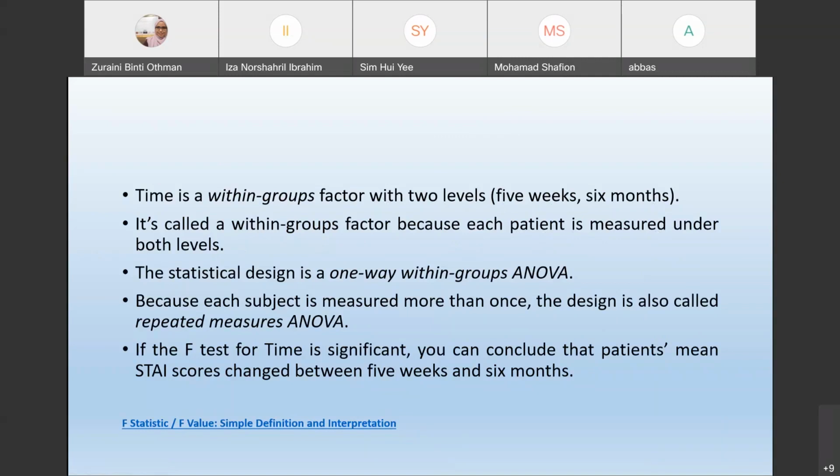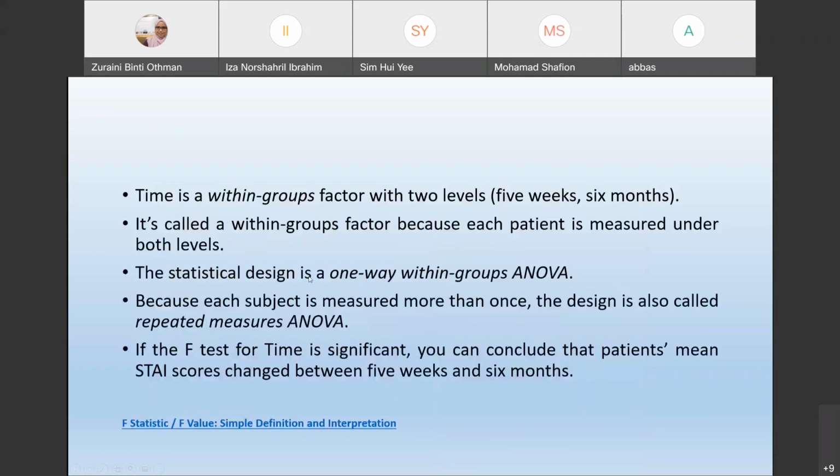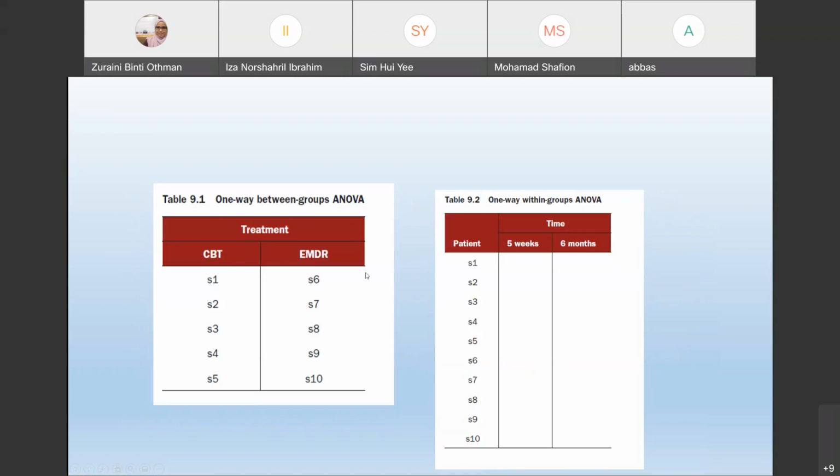So far the terms we have learned are between group, within group, balanced, and unbalanced, and one more: one way within group. This statistical design is a one way within group ANOVA, with patients measured over time, and the other is a one way between group ANOVA.